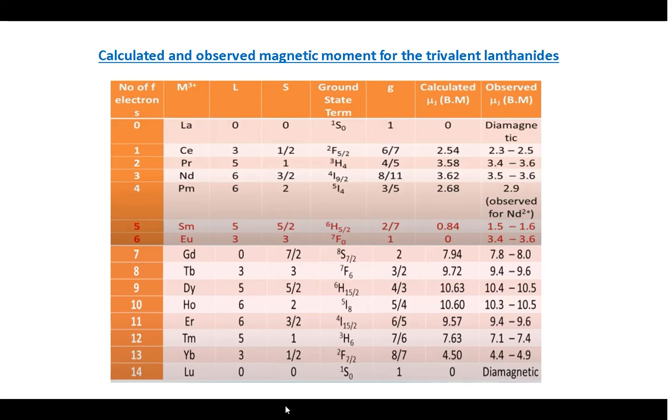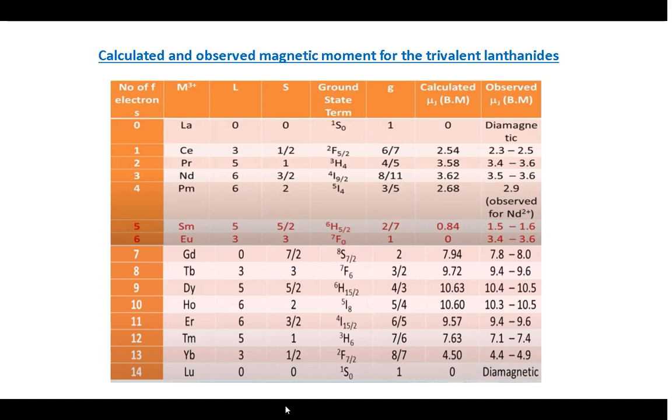However, the λ value for Eu3+ and Sm3+ is about 230 cm⁻¹, that means the energy separation between the states is about 230 cm⁻¹ for Eu3+, and for Sm3+ is about 840 cm⁻¹, which is also a small value.